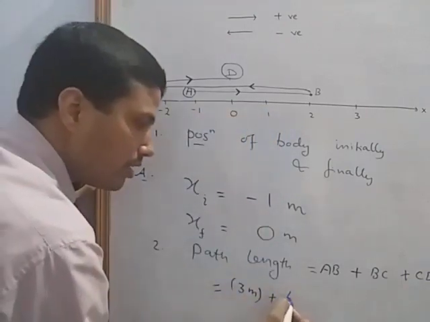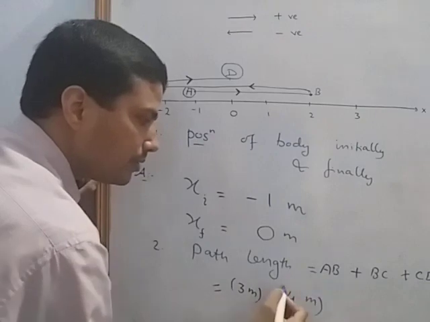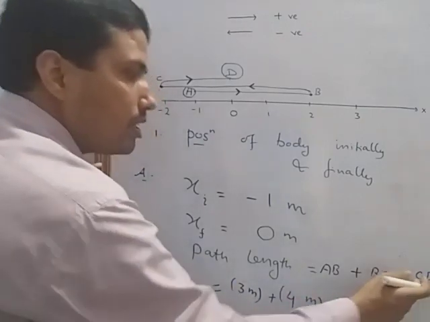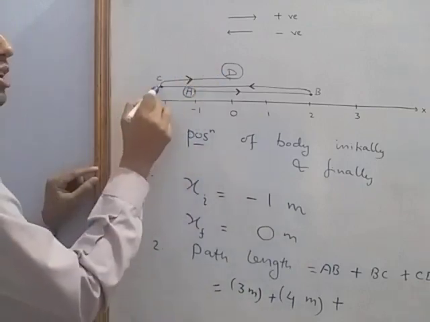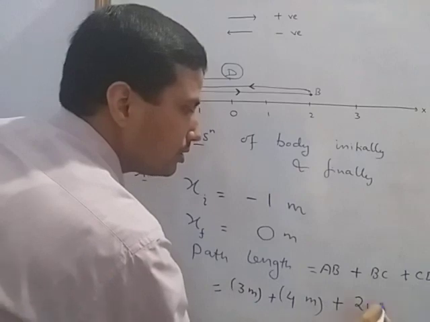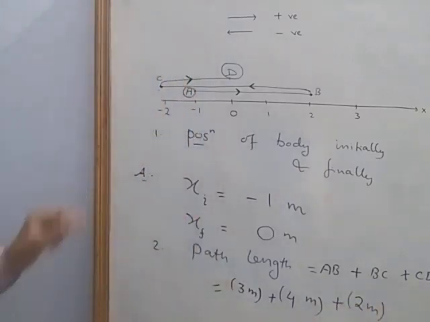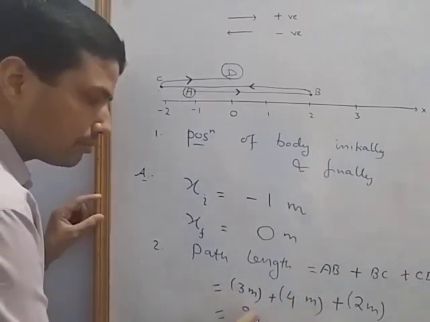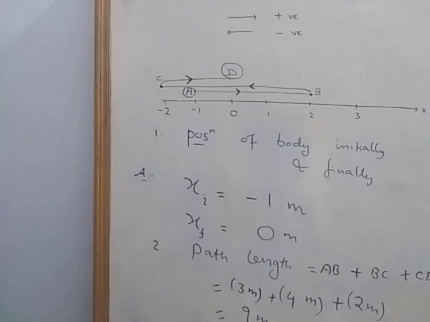So it has the value 4 meters. And the third term, C to D, 1 and 2. So it is 2 meters. And therefore, what will the sum be equal to? The sum will be 3 plus 4 plus 2, that is 9 meters. In this way, we will find the path length, that is the distance.